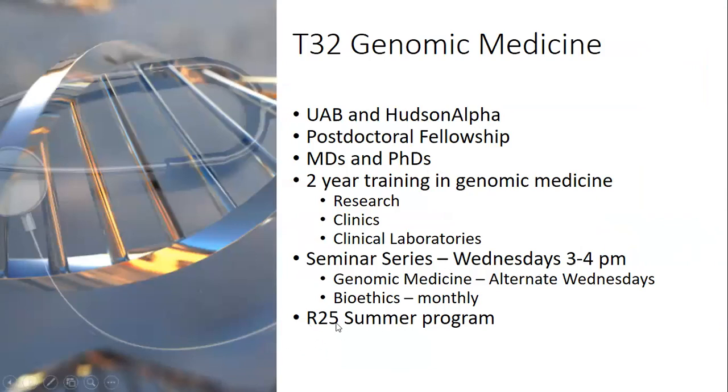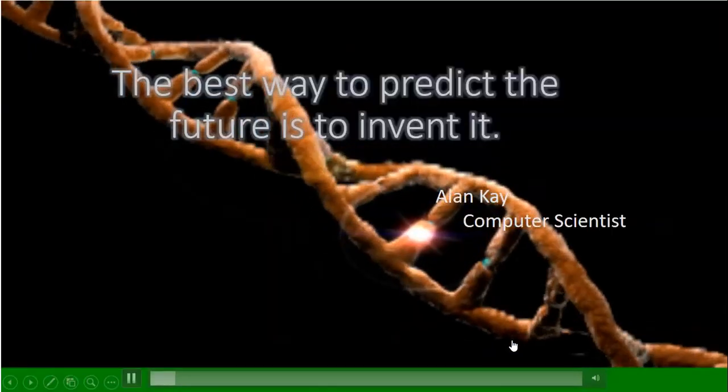And this year, we're just launching an R25 summer program for 12 undergraduate students from historically Black colleges and universities who will spend this summer at Hudson Alpha, next summer either here or there, doing mentored research. Ultimately it'll be a 5-year program.